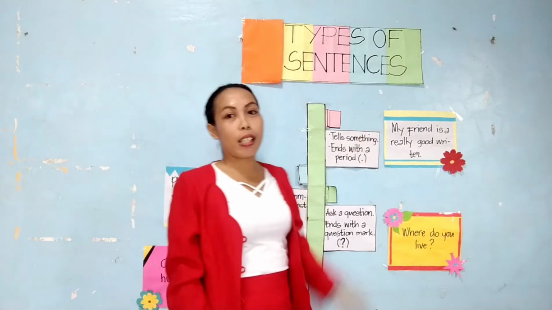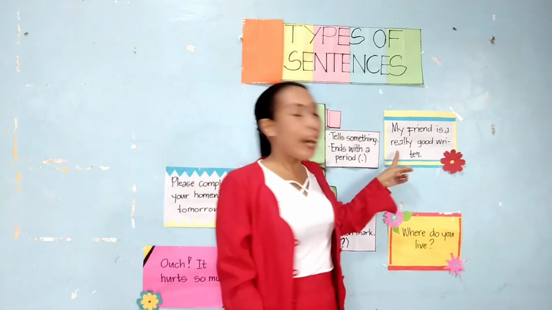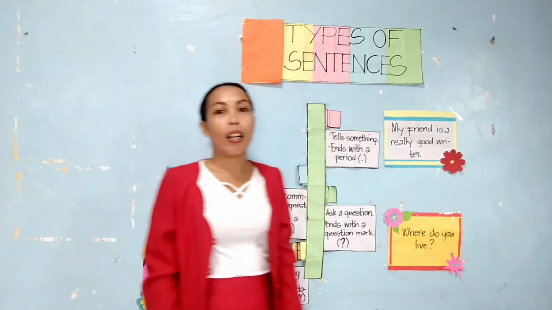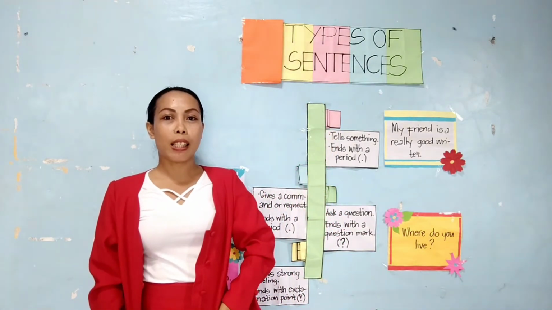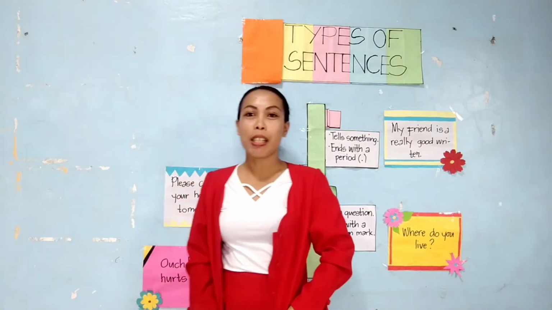What kind of sentence is this? My friend is a really good writer. Any idea what kind of sentence is this? Yes, very good. It is a declarative sentence. Why?